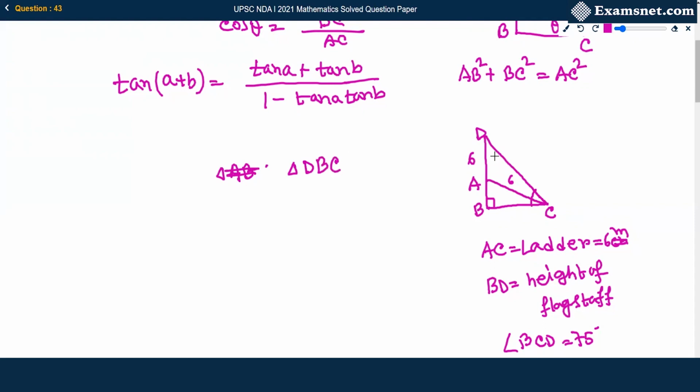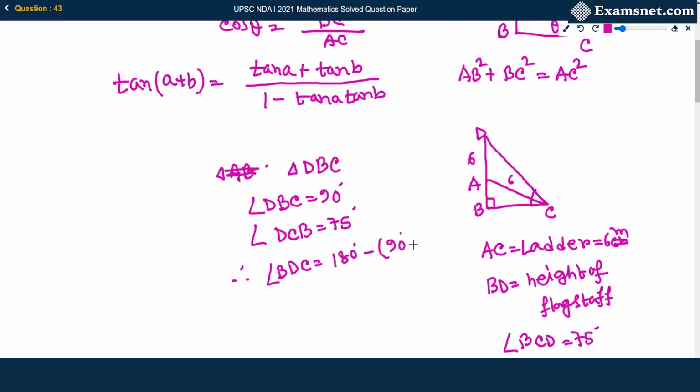From the triangle DBC, we can write that angle DBC is 90 degree, angle DCB is 75 degree. Therefore angle BDC, from the angle sum property, is 180 degree minus (90 degree plus 75 degree).